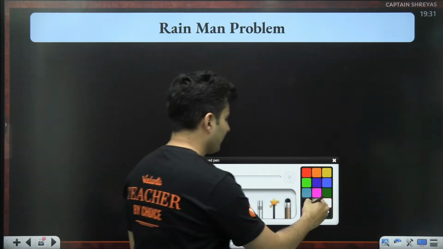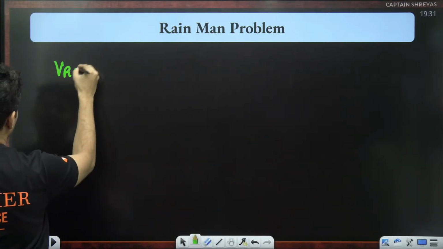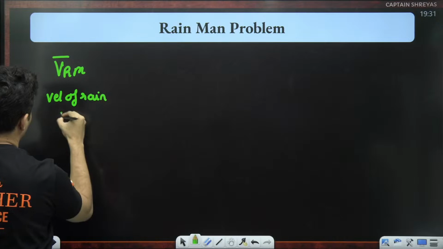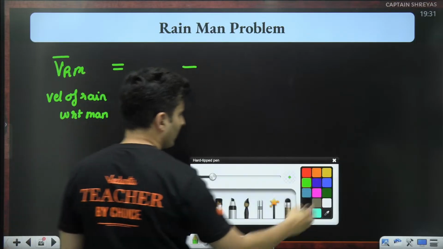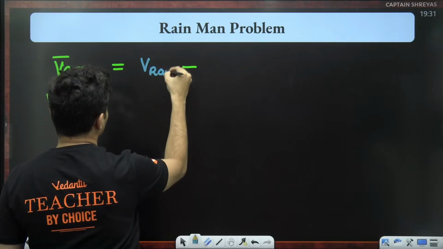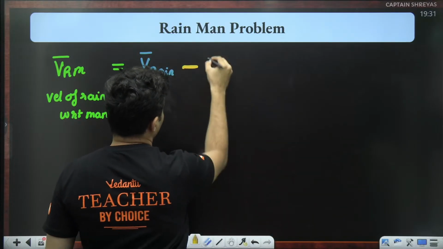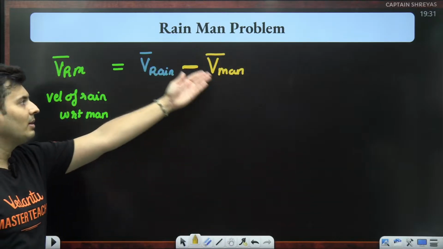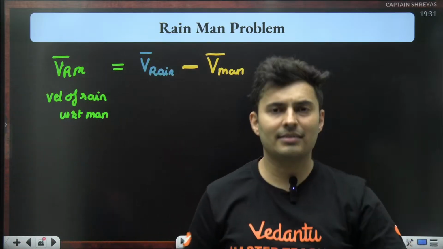So if I write it down like this, velocity of the rain with respect to the man will be equal to nothing but velocity of the rain minus velocity of that man. That's it. That is the simple equation. VAB is VA minus VB. V12 is V1 minus V2. So VRM is VR minus VM. That's it, guys. That's all.